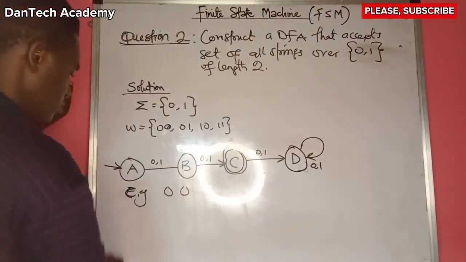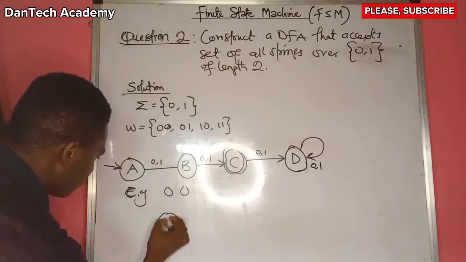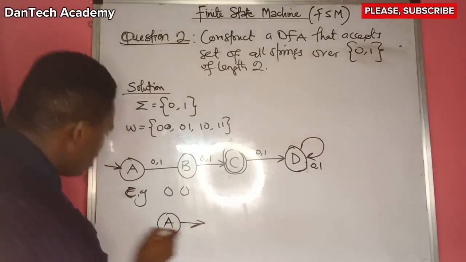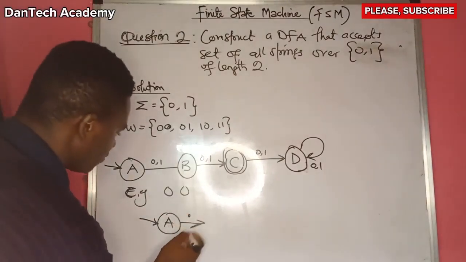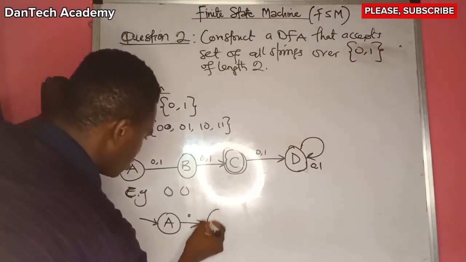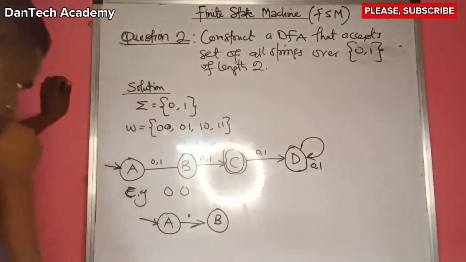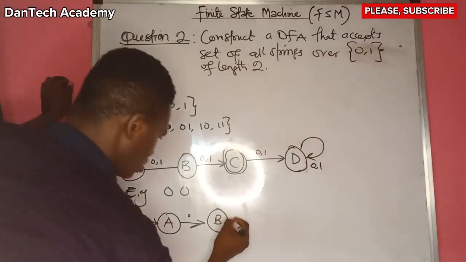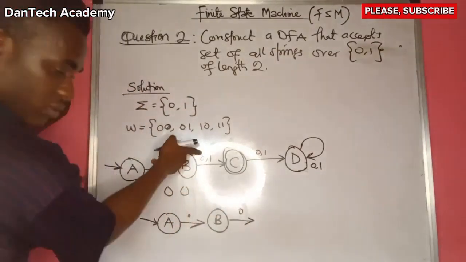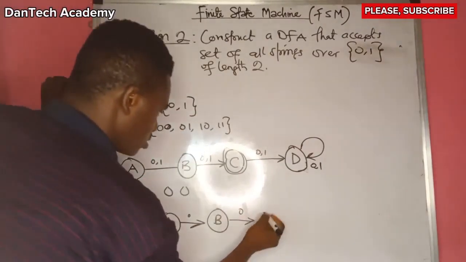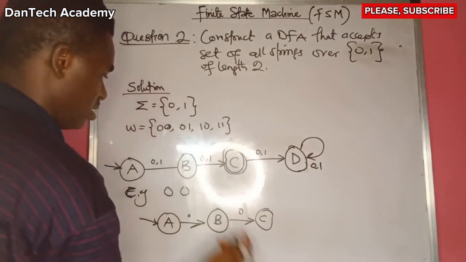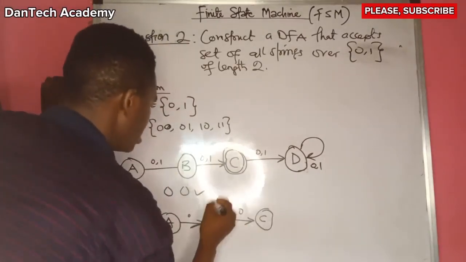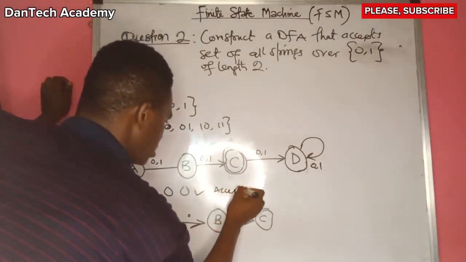The first one here, A, if 0 enters it, we have 0 here, which leads us to B. The second one, 0, 0 here, leads us to C, right? What is C? C is the finished state. So that tells you that 0, 0 is accepted in this case.